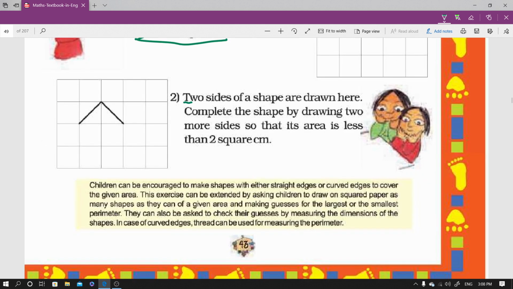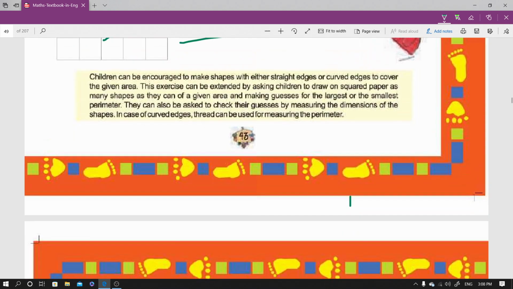Two sides of a shape are drawn here. Complete the shape by drawing two more sides so that its area is less than 2 square centimeter.